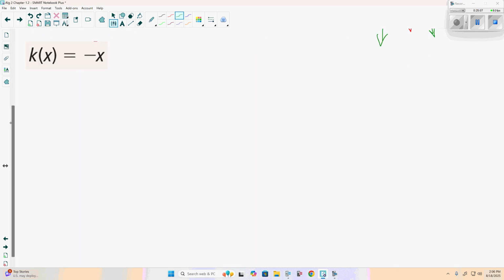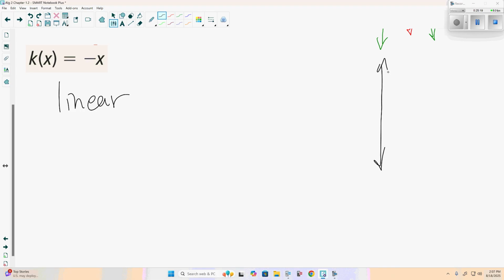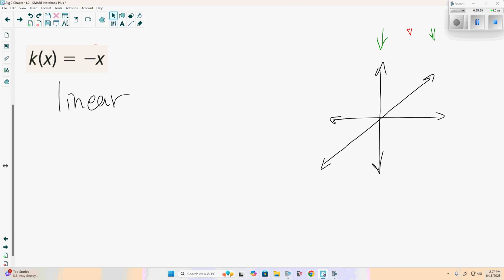All right. k of x equals negative x. The parent function would be what? Linear, equation of a line. a times x minus h plus k.